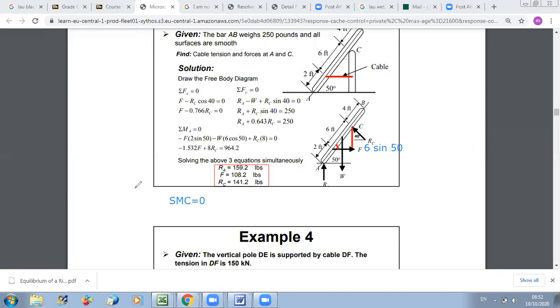So I will write first that the moment of the tension is plus T times 6 sine 50.